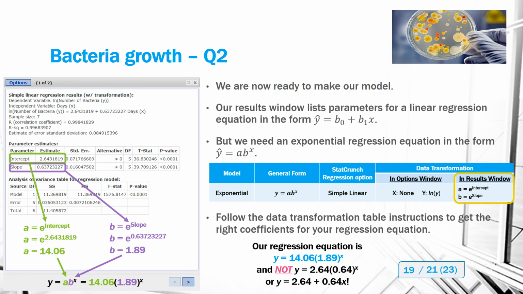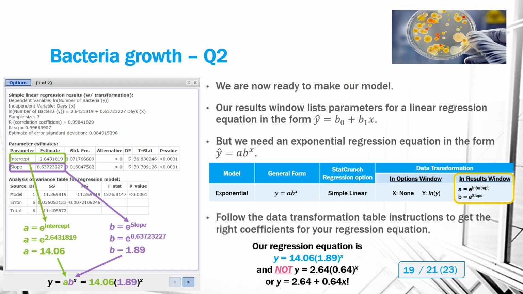The regression equation follows the form of the exponential function, and those values for the exponential function are the transformed values in the linear regression results analysis. So you can't just take the results from the results table if there's an equation listed there for that coefficient in your data transformation table.